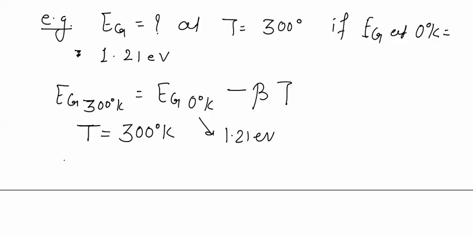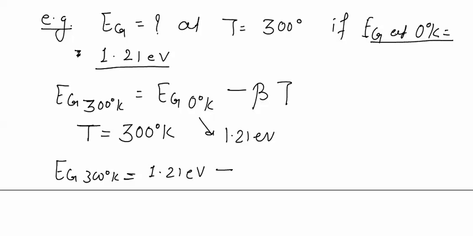Now we can calculate Eg at 300 degrees Kelvin equal to 1.21 electron volts minus beta. From this energy, we can conclude that this material is silicon, and for silicon this beta is equal to 3.6 into 10 raised to power minus 4, into this temperature T, which is equal to 300 degrees Kelvin.